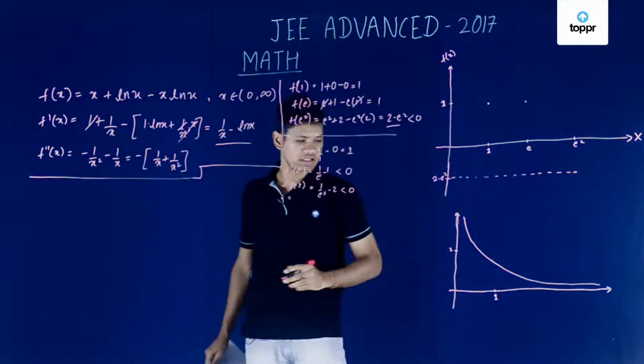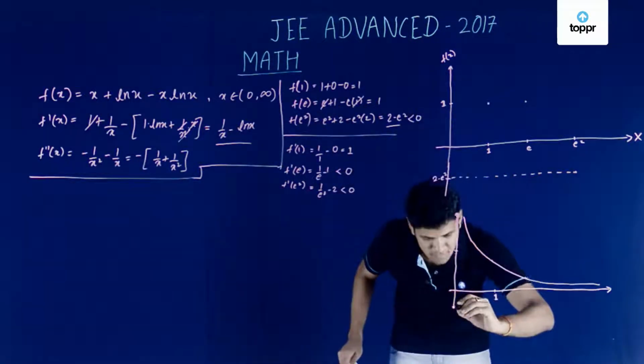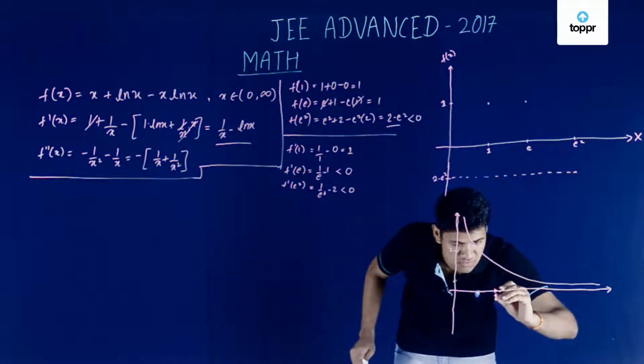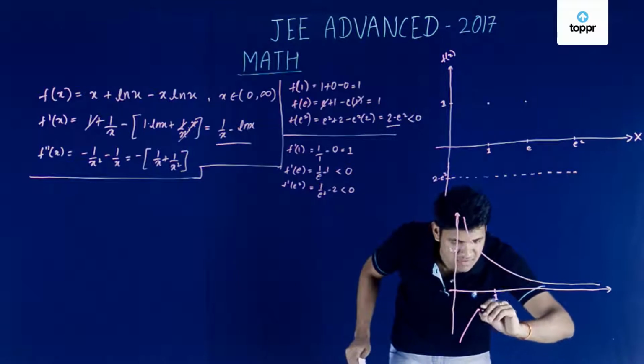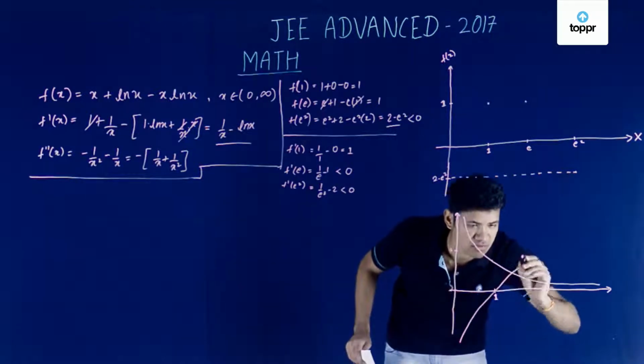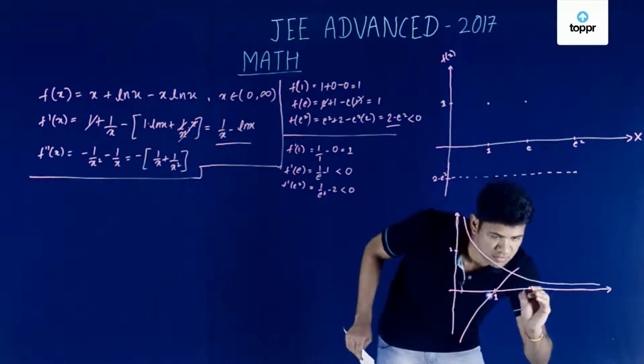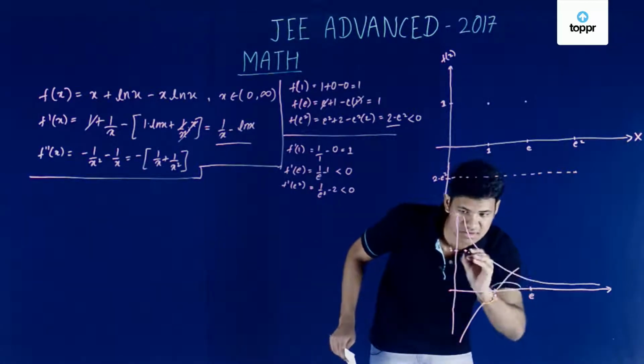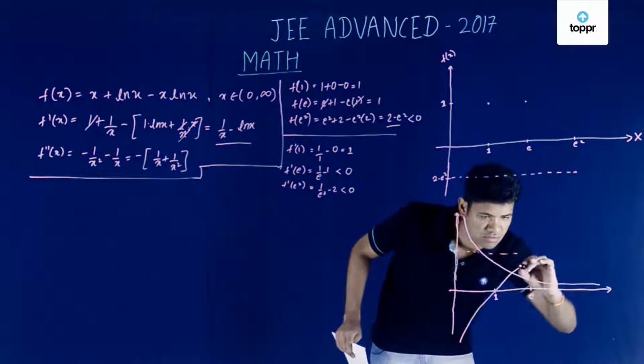And the graph of ln x is like this, passes through 1, which is very basic and we all know. At e, ln x's value is 1.